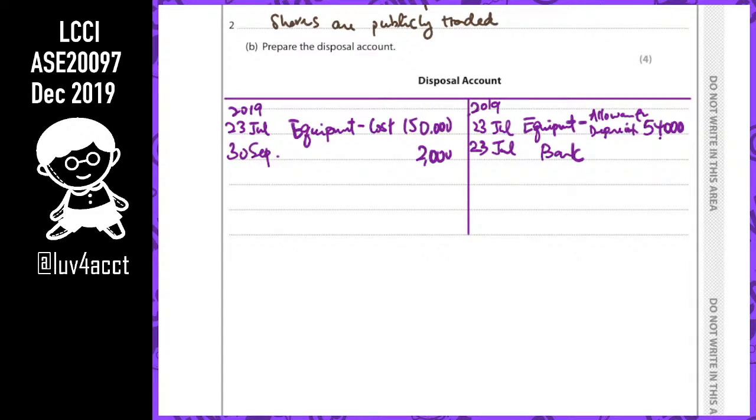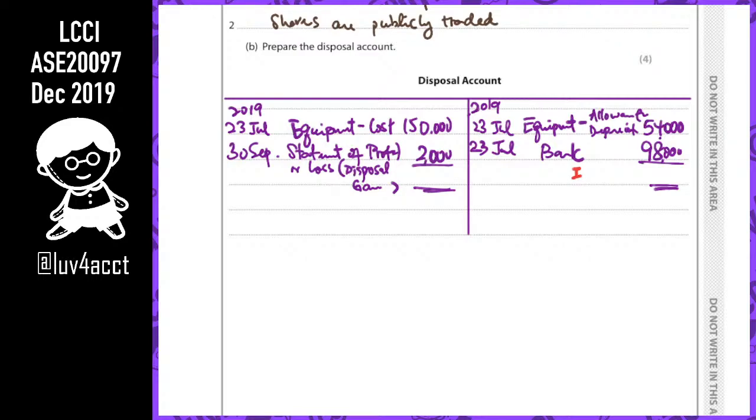Bank, we have to calculate how much, and this is the statement of profit or loss. This one is a disposal gain. So 150, plus 2,000, minus 54, so we are going to receive 98,000 for it. Here it will go into investing activities, positive, we receive money, the proceeds.